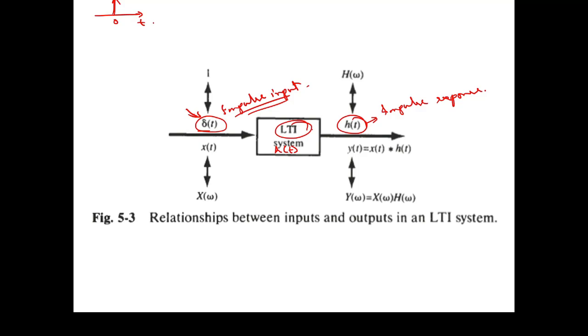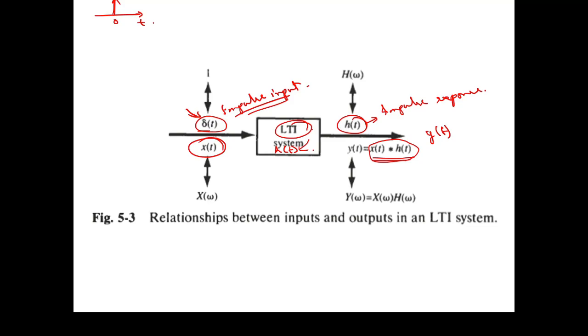Now, when we give an input x of t to an LTI system having an impulse response h of t, we can predict the output y of t, which is given by x of t convolution h of t. Convolution is mathematically a slightly tedious form.